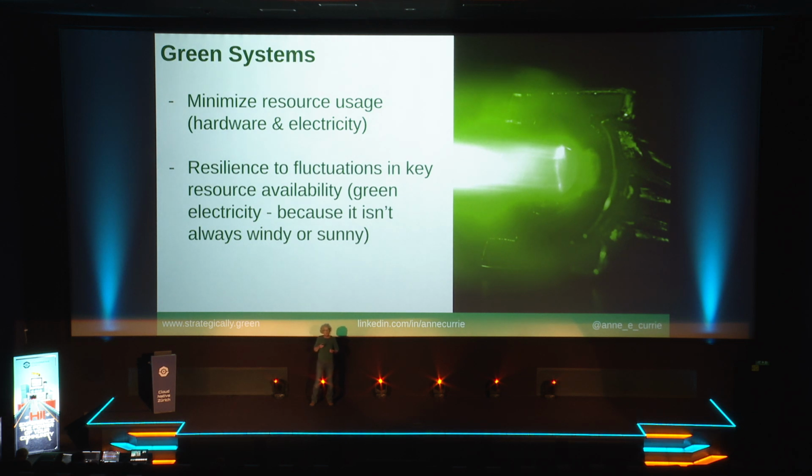It minimizes the use of hardware, which contains a lot of embodied carbon, and it minimizes the amount of electricity used by that system, because, again, that is often associated with carbon being released into the atmosphere. But also, the other slightly less well-known feature of a green system is that it has to be built so that in the future it can run on solar and wind generated electricity.